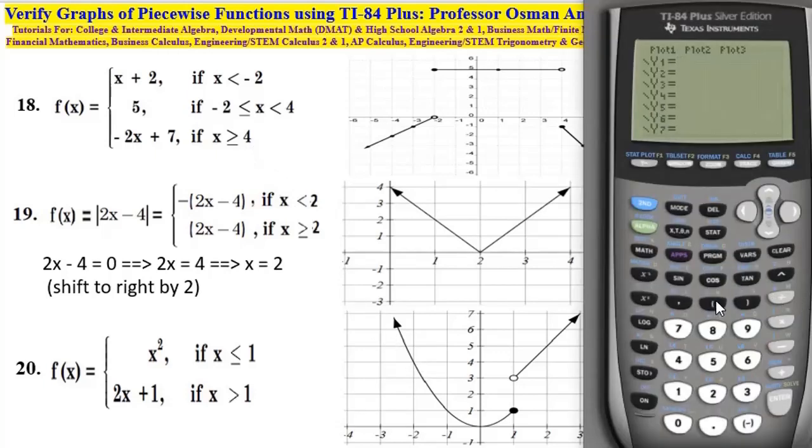So it is x plus 2, and this is valid when x is less than minus 2.